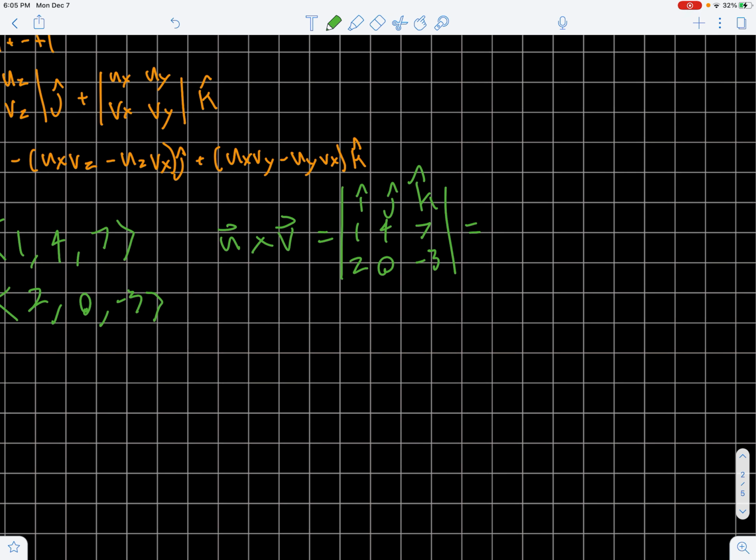The first determinant is negative 12 minus 7 times 0, which is just negative 12 i hat. Minus the next one, negative 3 minus 14, so negative 17, so plus 17 j hat.